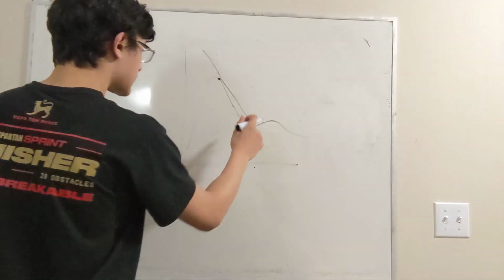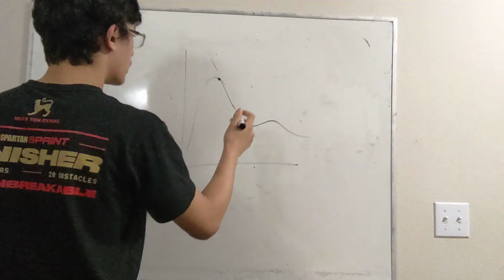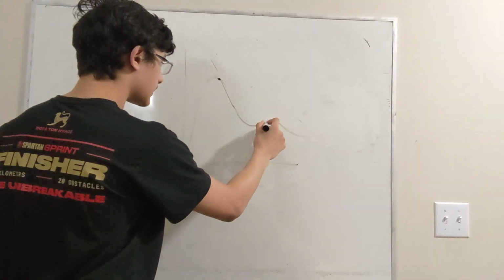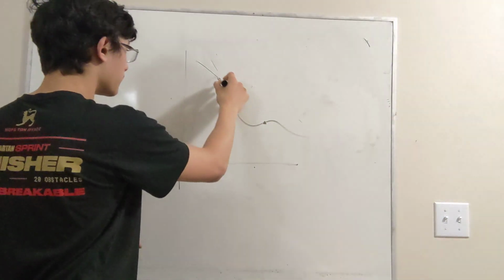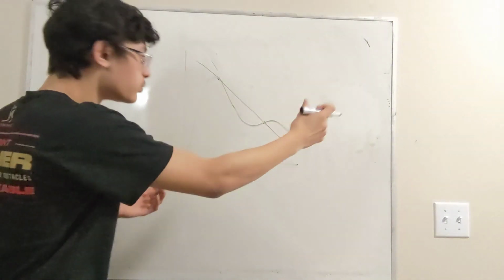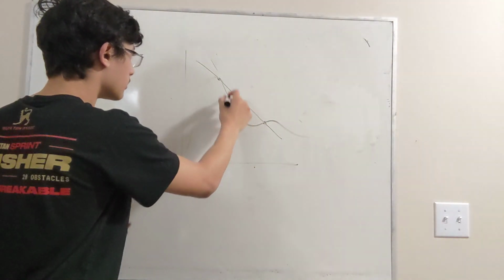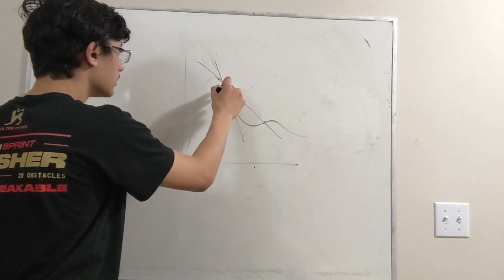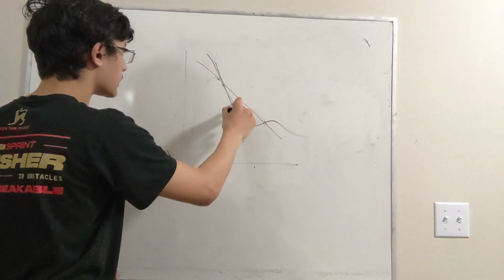So let's see here. Let's say we take another point on the graph, right here, and we connect them up. Now let's move our point a little closer to here. We connect them up. Now let's move it a little closer up to here. Connect them up.